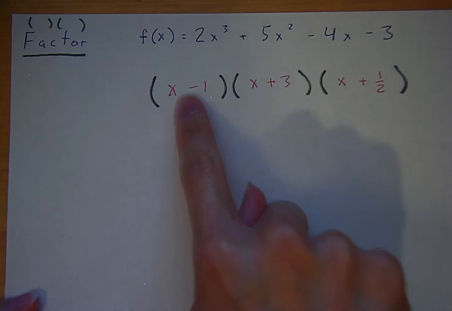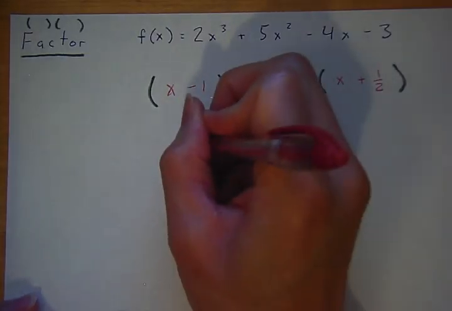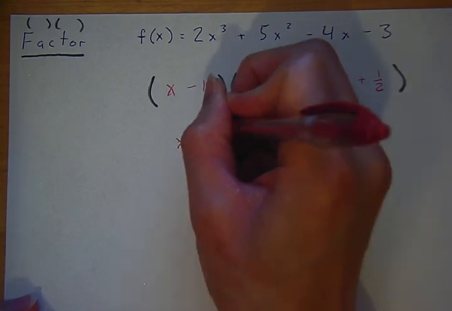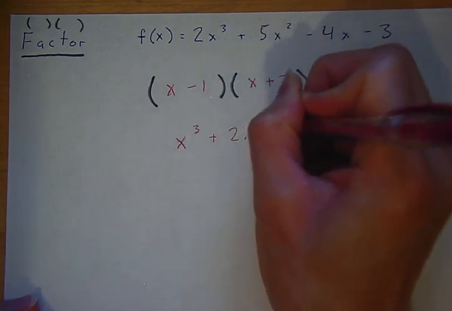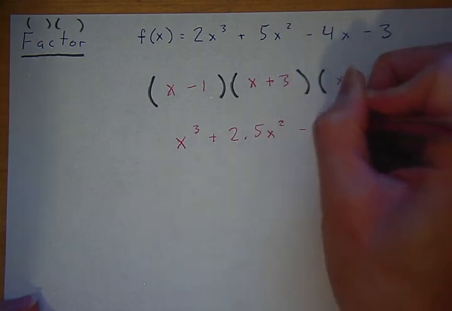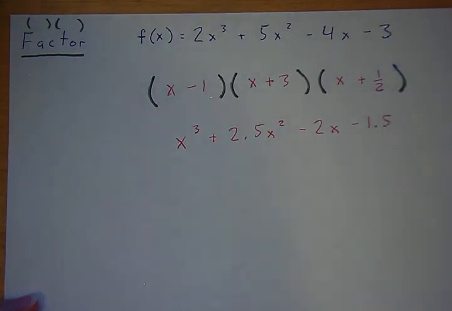Right now, if I were to multiply these three together, I would actually get x to the third power plus 2.5 x squared minus 2x minus 1.5 if I multiply these three parentheses together.